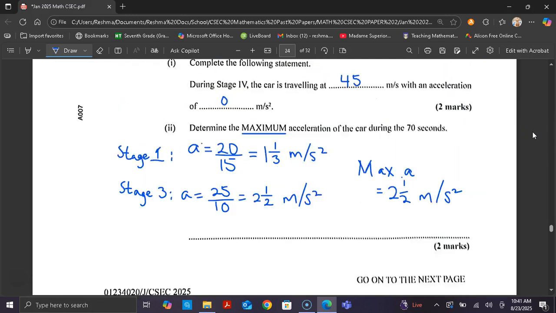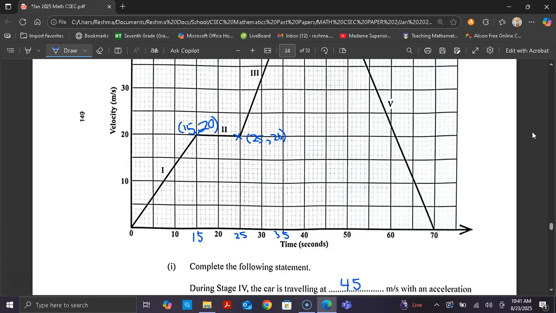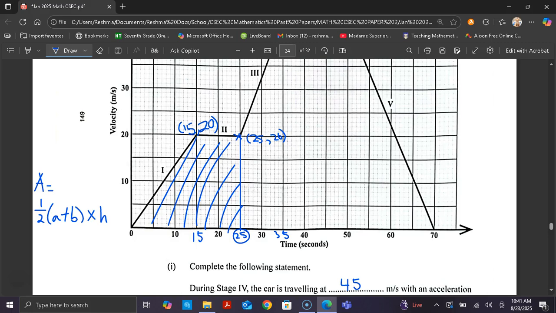So in the first 25 seconds of the journey, of course, we're looking at this point here. To calculate distance traveled from a speed-time graph, it's the area under the graph. So we're looking at this shaded part here, which is the area of a trapezium. And we know the area of a trapezium is given by a half of (A plus B) times height, where A and B are the parallel sides of our trapezium, and H is the height.